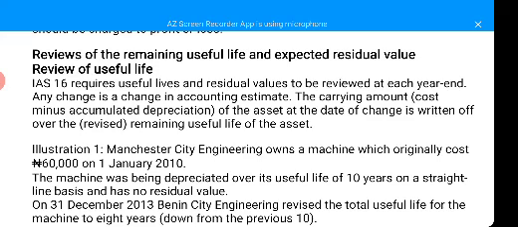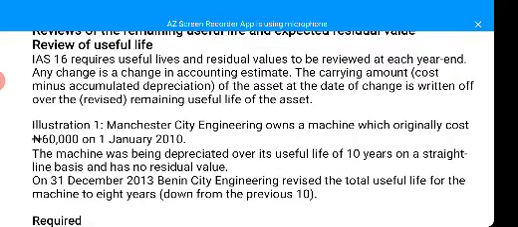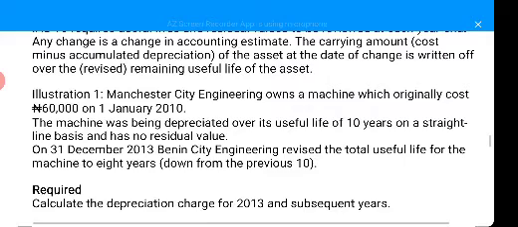And how will you account for such an asset? IAS requires useful lives and residual values to be reviewed at each year end. Any change is a change in accounting estimate. The carrying amount, which is the cost minus accumulated depreciation of the asset at the date of change, is written off over the revised remaining useful life.